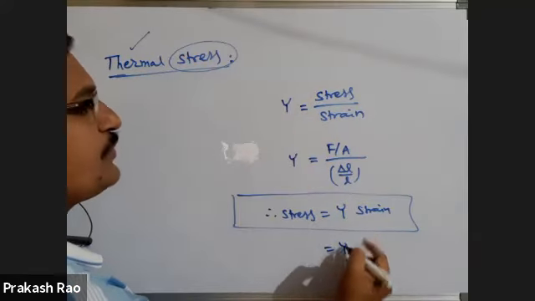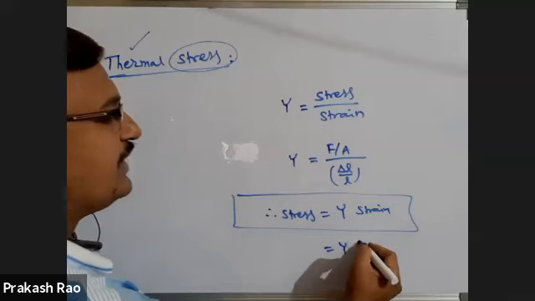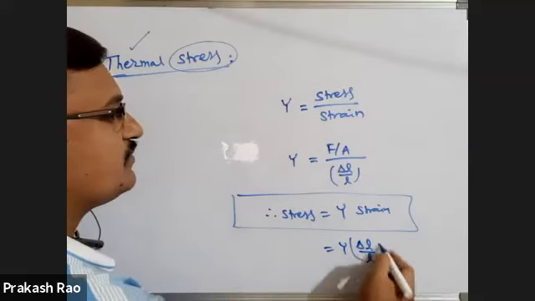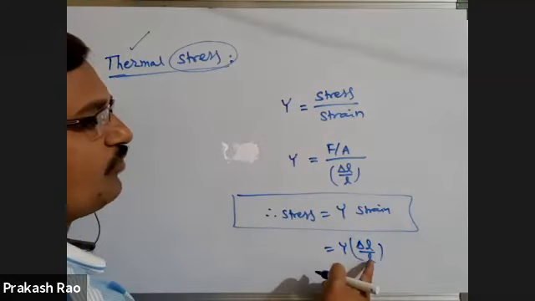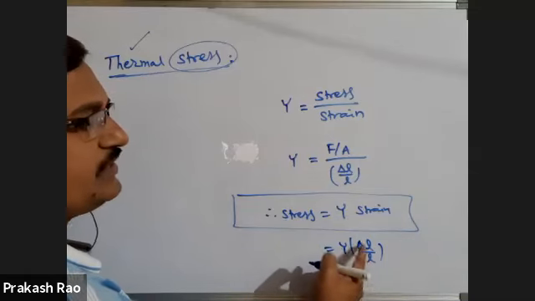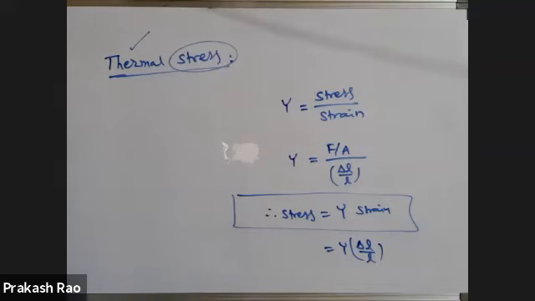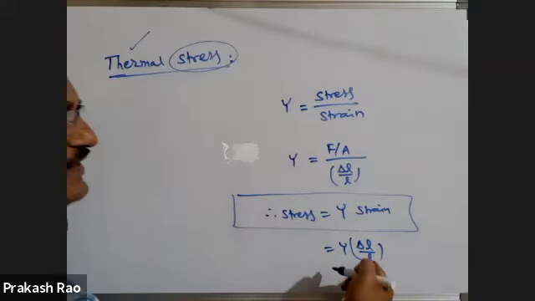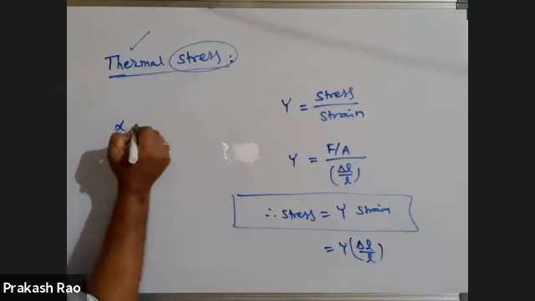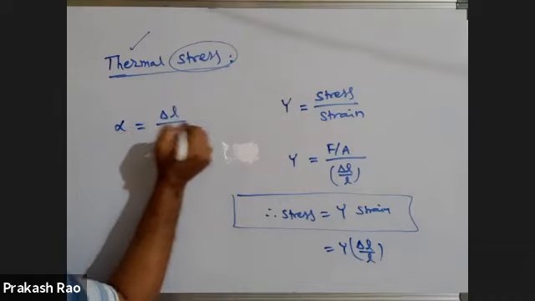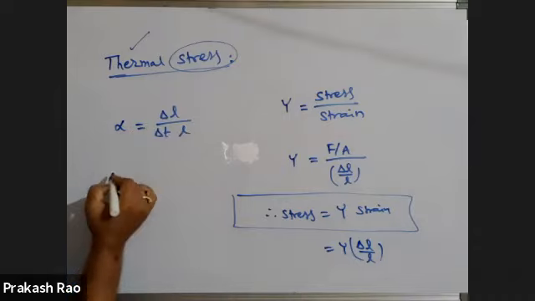Stress is equal to Y into strain, that is Y into delta L by L. What is delta L? Change in length. What is L? Initial length. Change in length by initial length is called longitudinal strain. You know that alpha is equal to delta L by (L into delta T).